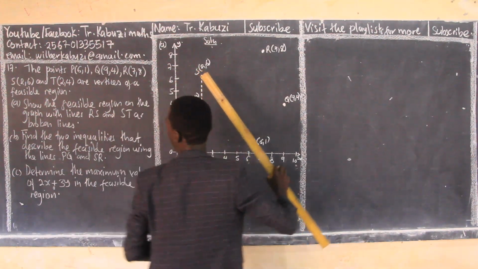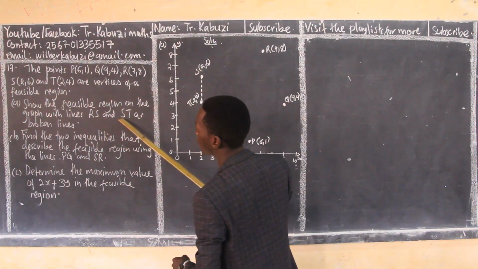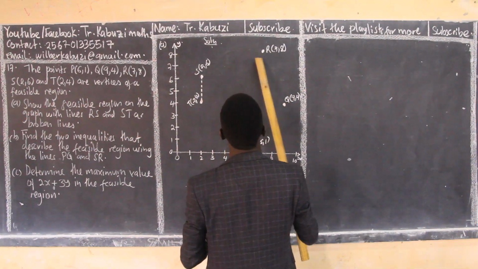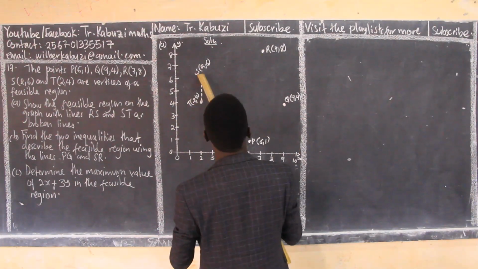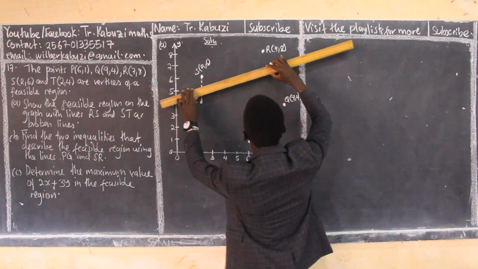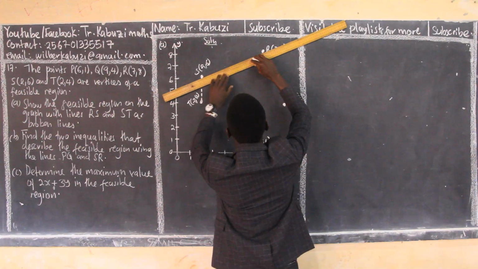Then the other line which is broken is RS. I look for RS there. So RS is broken, and I come and join it as broken there.